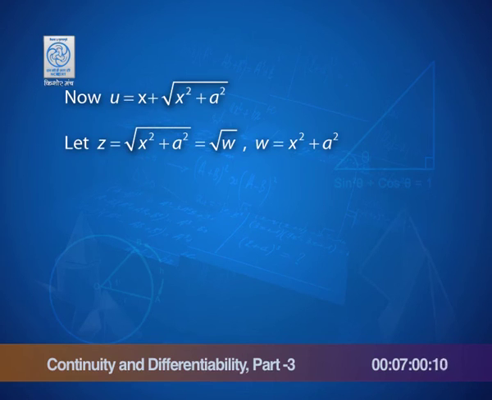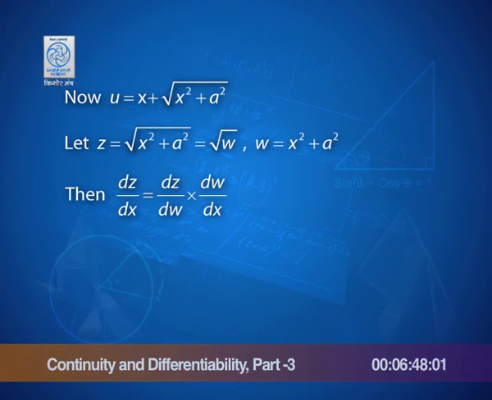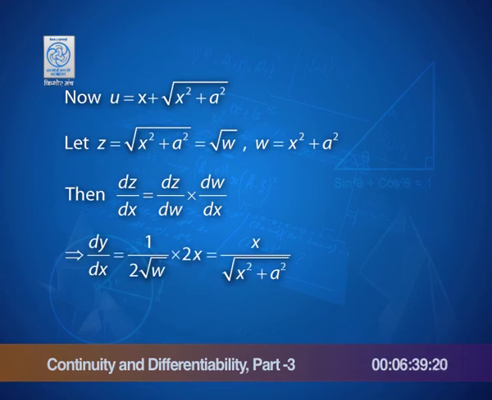Are we ready then to find what dz by dx is going to be? So, dz by dx, that is the derivative of z with respect to x, is nothing but derivative of z with respect to w into derivative of w with respect to x, and that is nothing but 1 by 2 root w into 2x.